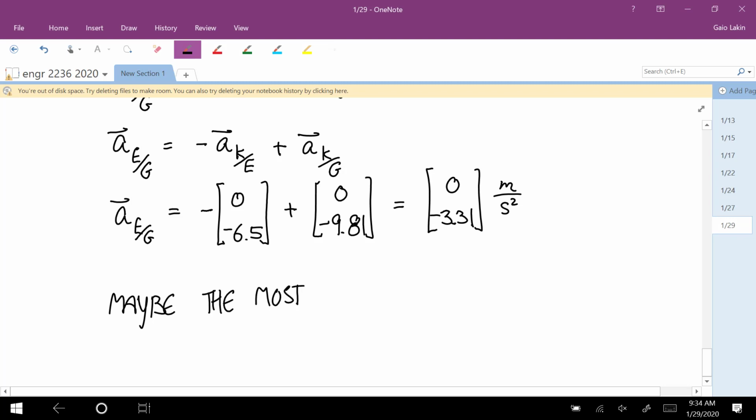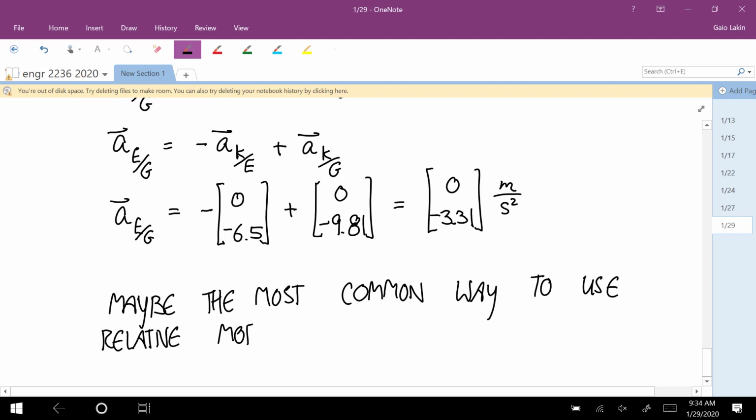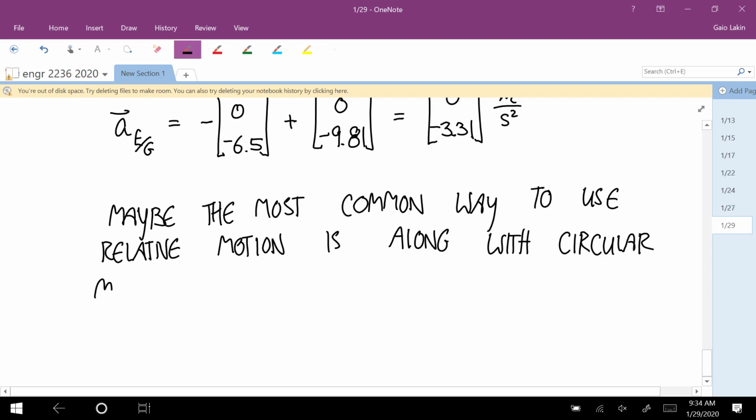So maybe the most common way to use relative motion is along with circular motion to represent linkages.